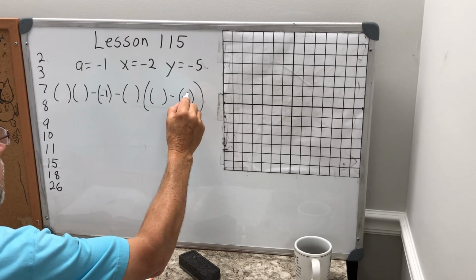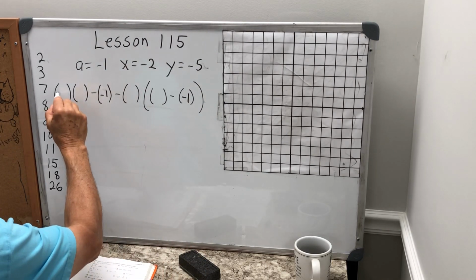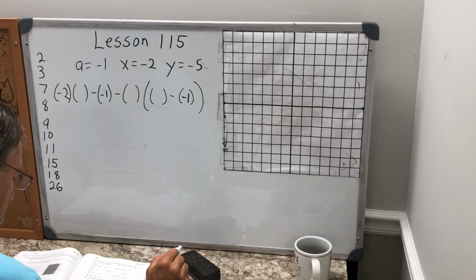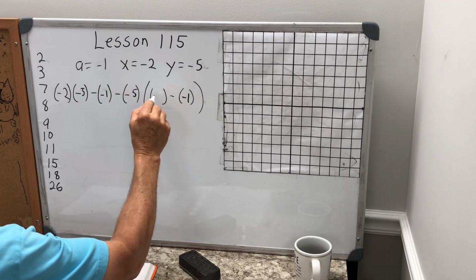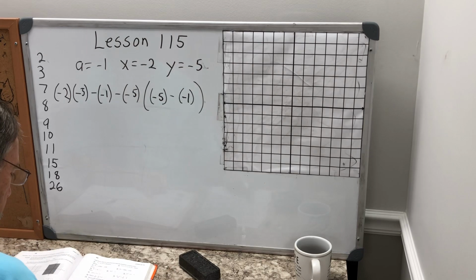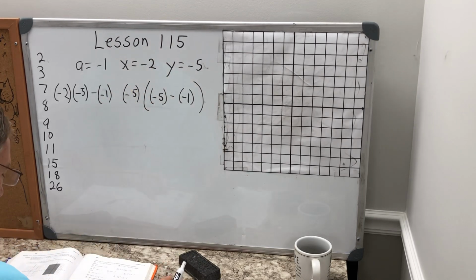And this is -1. X's is a -2 here. And we have 1, 2, 3 Y's. Y is a -5. -5, -5, and -5.